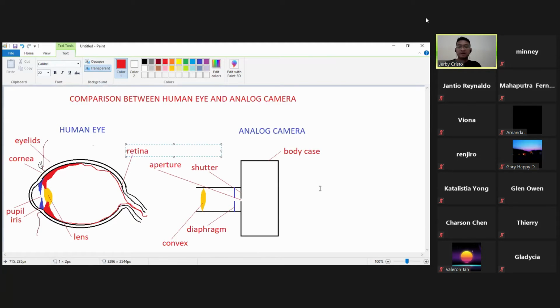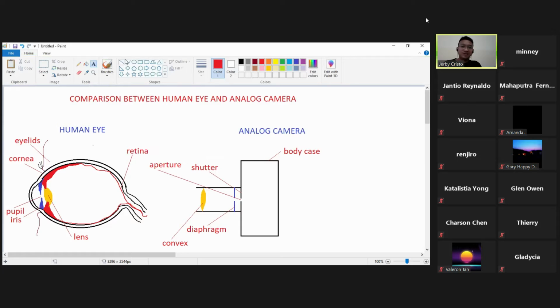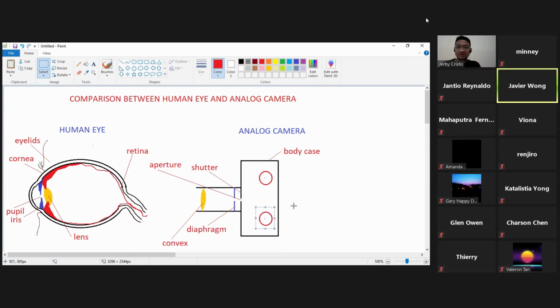Okay, and a camera has a feature that acts similar to the retina of the human eye. So we can find it here. Are you familiar with that part that functions like a retina in the camera? Is it a film, teacher? Yes, that's correct, Javier.